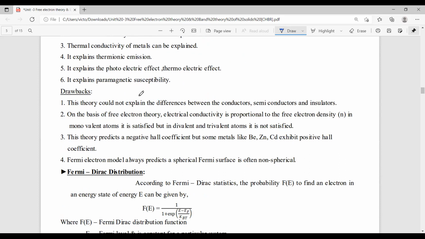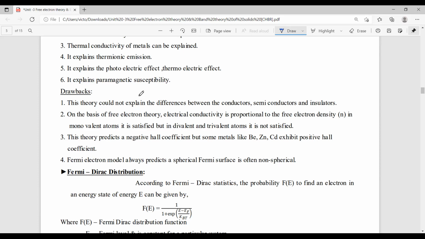But even though it successfully explains these, it has some drawbacks. Then what are the drawbacks of quantum free electron theory? This theory could not explain how we differentiate conductors, semiconductors, and insulators. And this theory explains that electrical conductivity is proportional to electron density, but it is satisfied only for monovalent elements.